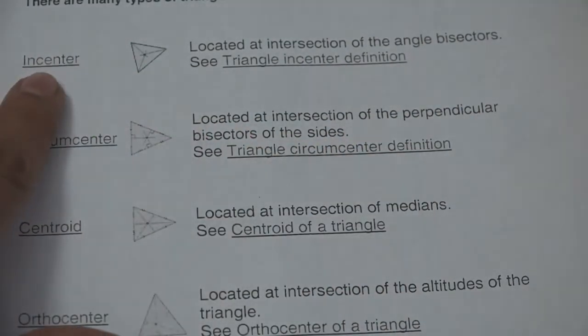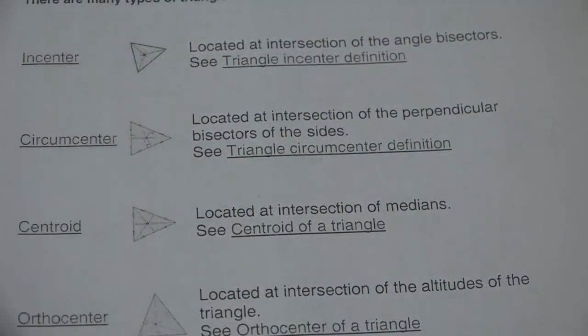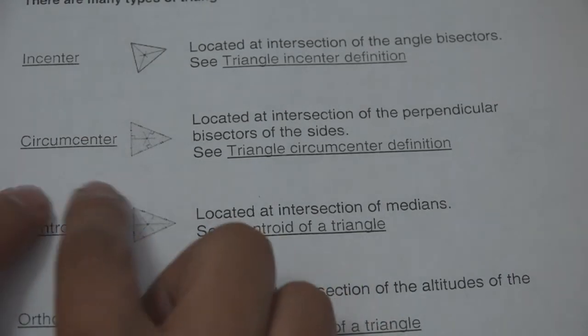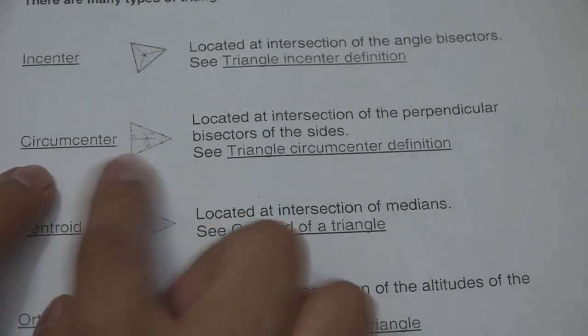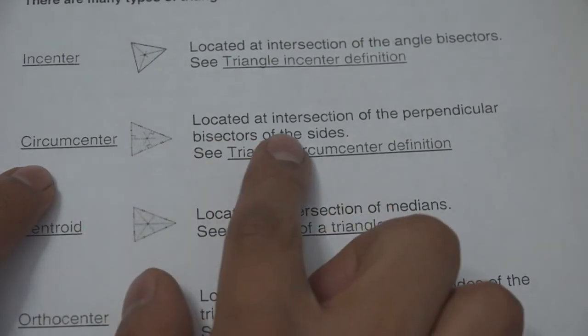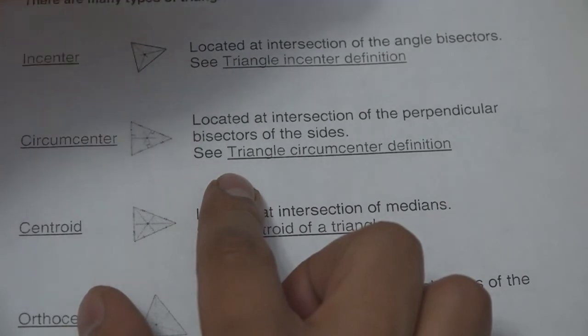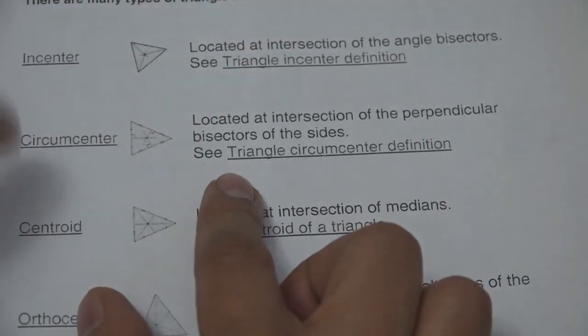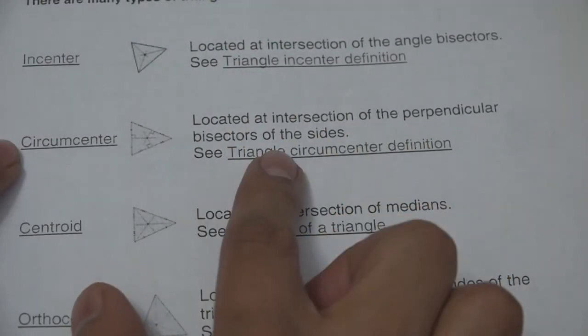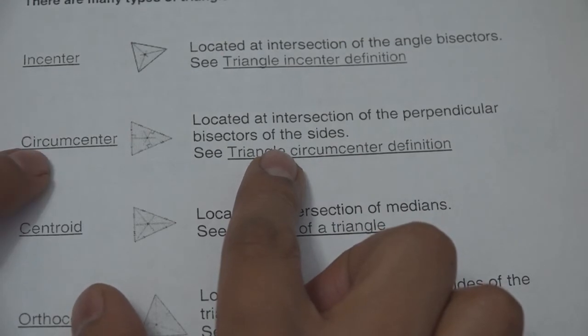So incenter goes with angle bisectors. Not only that, incenter means that you could draw a circle inside. Circumcenter is located at the intersection of the perpendicular bisectors. So incenter has to do with angle bisectors, and circumcenter has to do with perpendicular bisectors. So in is angle, circum is perpendicular.